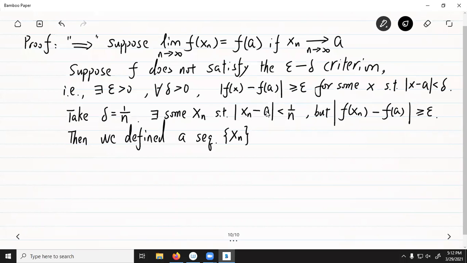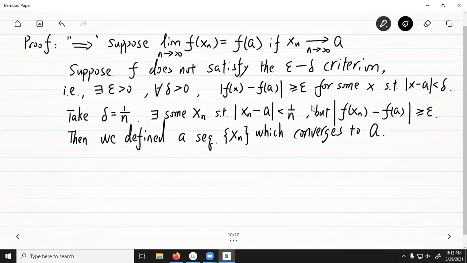So we defined a sequence xn which converges to the number a. Why does it converge to a? Because xn should satisfy this inequality.